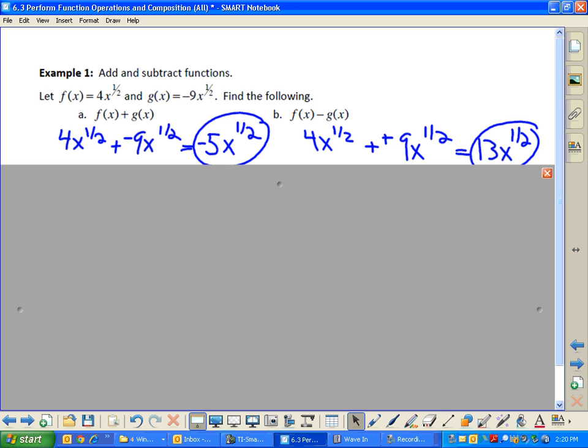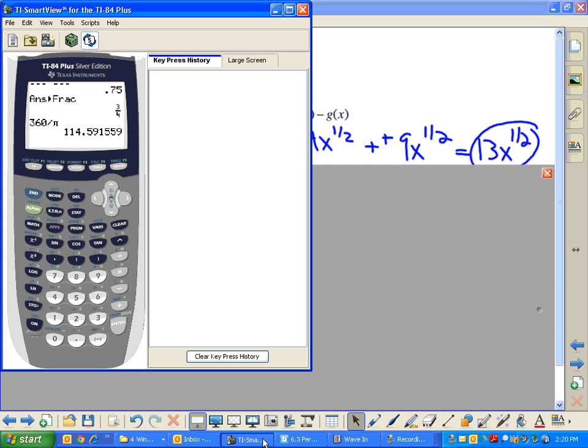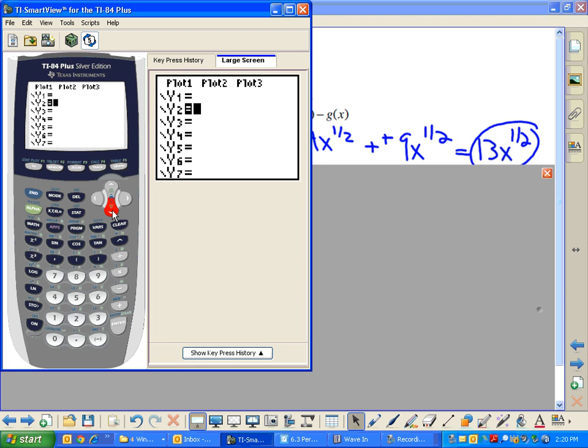So if we want to find the domain of that function in part A, because it does say our domain there, you could use your calculator to think about that, for sure. So you go to your y equals screen in your calculator, and we would type in our function. So we have -5 times the square root of x.